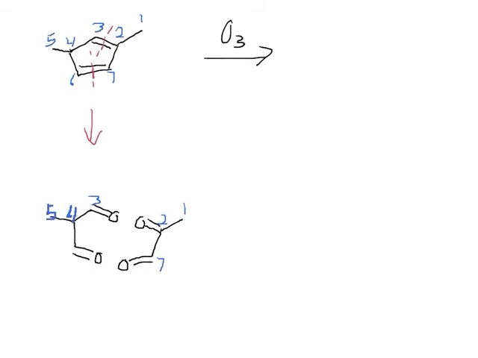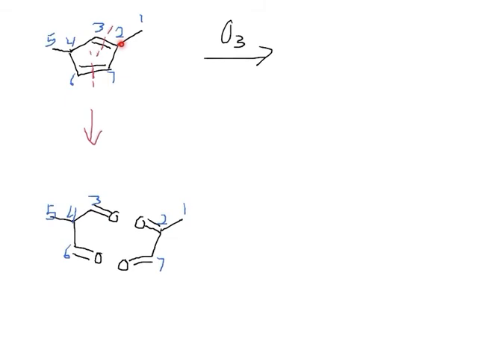4, 5, and 6. What kind of functional group is this one? Ketone. This one? Well, this whole thing. What is this? A ring.